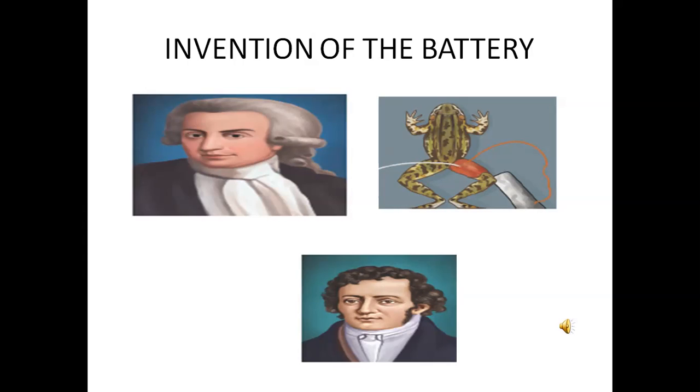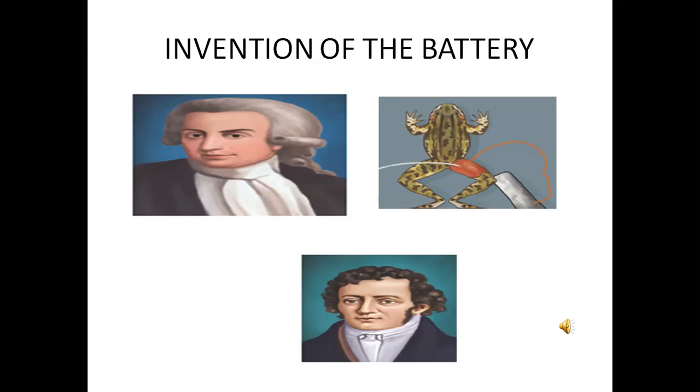He repeated the experiment using cloth soaked in brine instead of a frog corpse, which resulted in a similar voltage. Volta published his findings in 1791 and later created the first battery, the voltaic pile, in 1800.